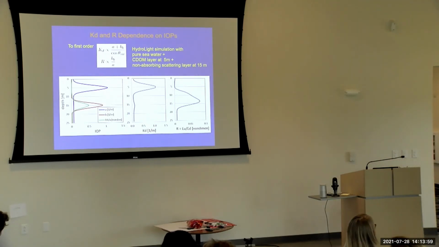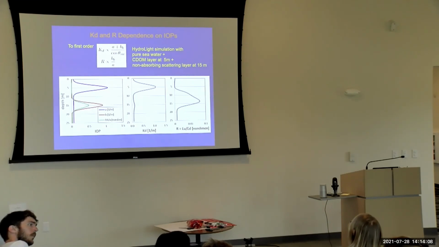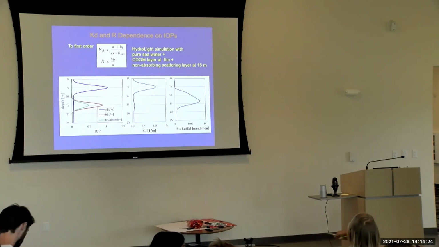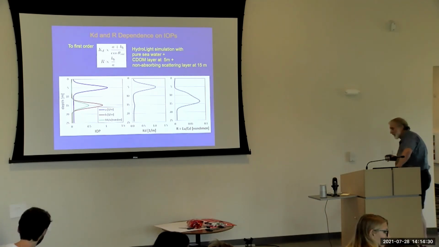When you start sticking the 0.33s and stuff on there, they were really interested in the surface. But the 0.33 is more what you would need to get it at the surface. If you go down to 50 meters, it still depends on BB over A, but the constant might be 0.5 or something different. So it doesn't fit as well as the other relation.